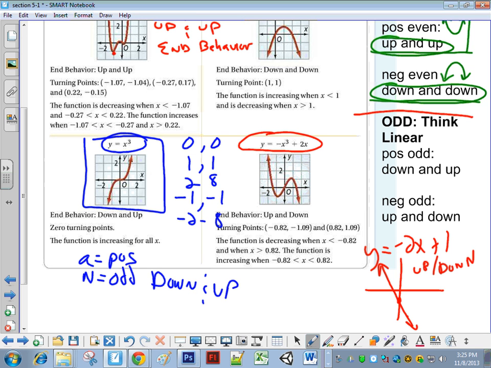And then, conversely, if I decided I was going to do y equals 3x minus 2, that one would be down and up. So our rules on this are as follows.